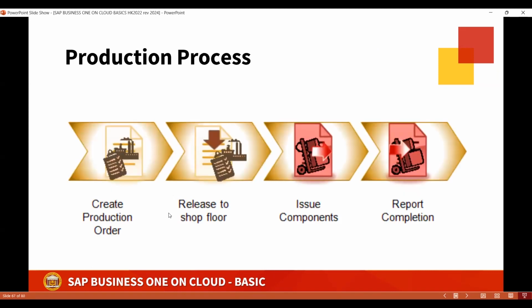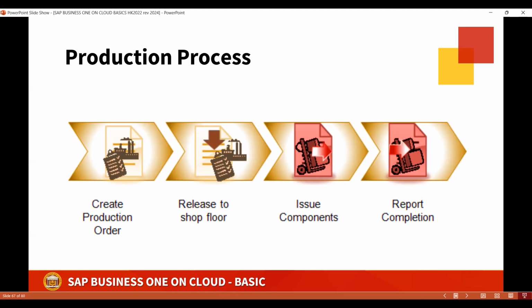So, in simpler terms, the production process includes the following phases. One is the creation of the production order. Once the production order is created, you can release it to the shop floor, meaning the components needed are made available within the shop.